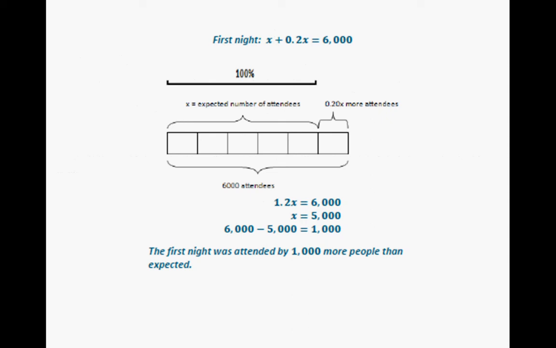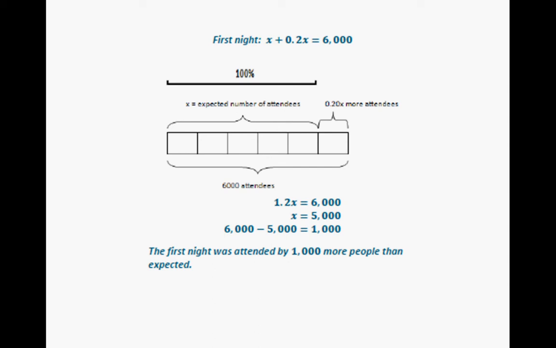And the first night, they're expecting a 20% increase, so the expected number of attendees times 20% more is going to equal 6,000 attendees. So 1 20/100ths, or 1 2/10, times X equals 6,000. So therefore X is equal to 5,000.